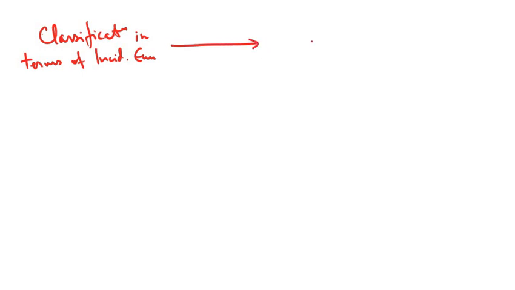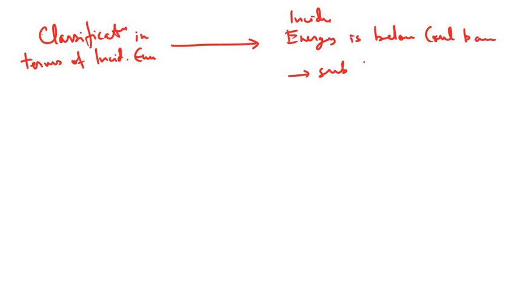Classification in terms of incident energy: when the incident energy is below the Coulomb barrier, then we have what is known as sub-Coulomb energy reactions.